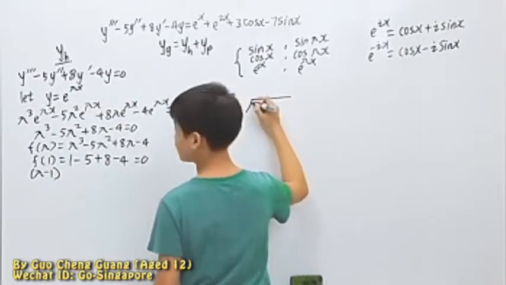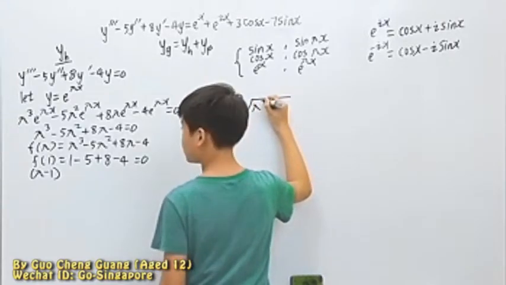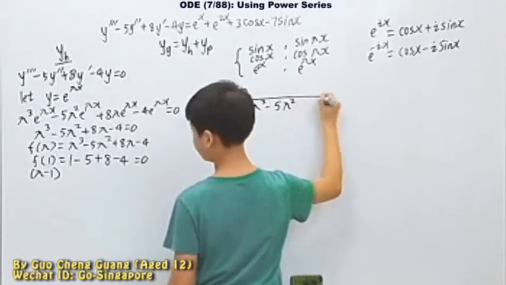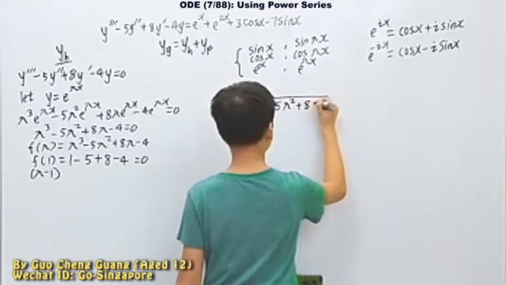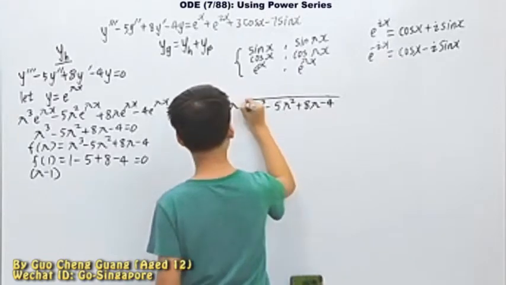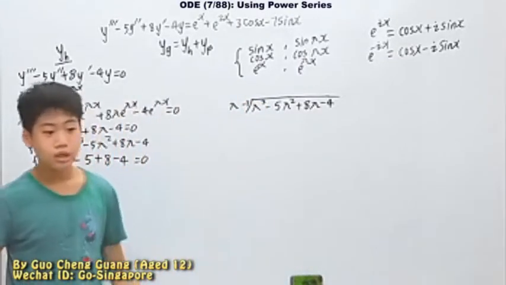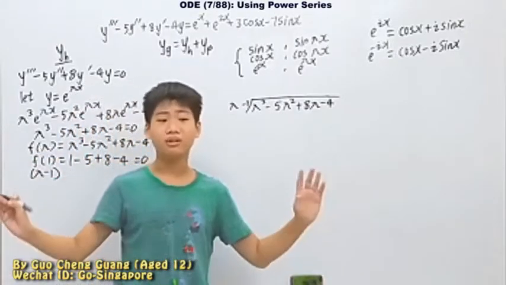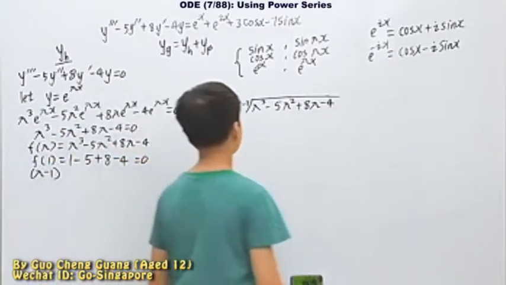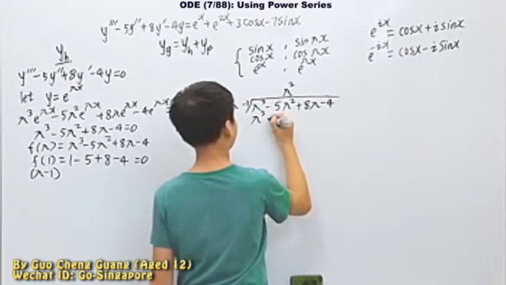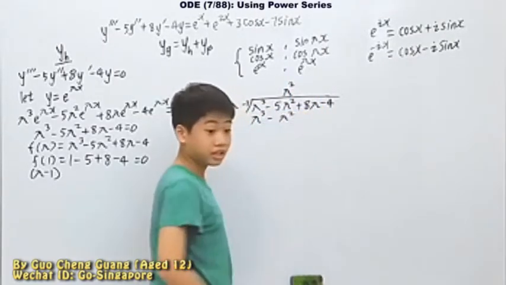So first of all, you get lambda cubed minus 5 lambda squared plus 8 lambda minus 4. Then here we have lambda minus 1. You just treat this as normal division. Well, you can think that it's just like this.